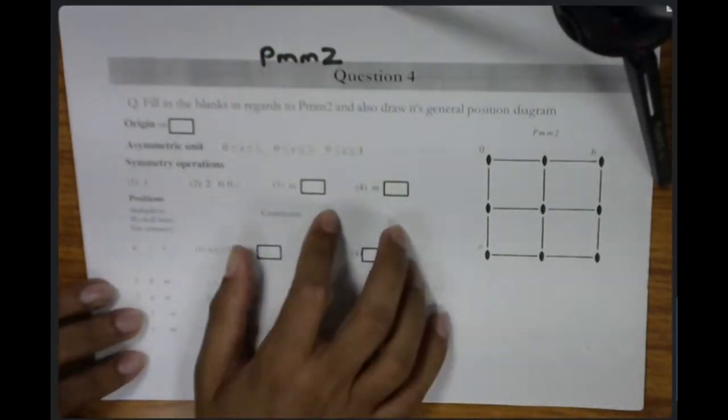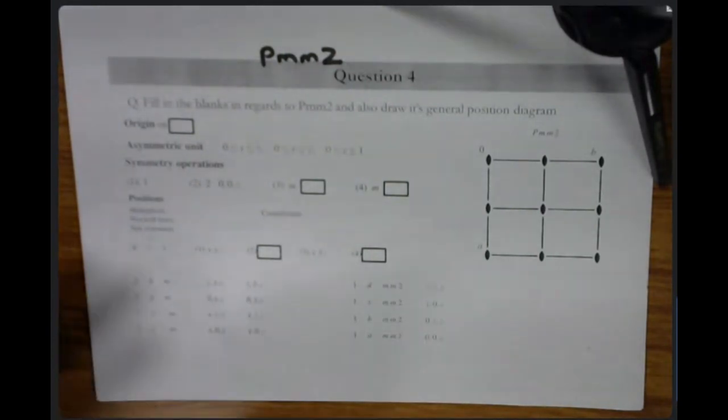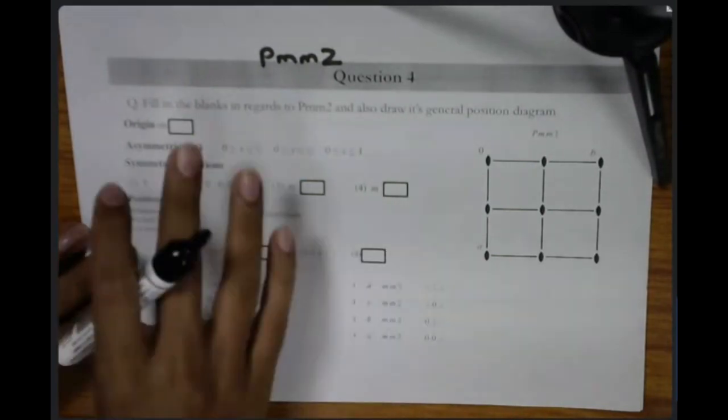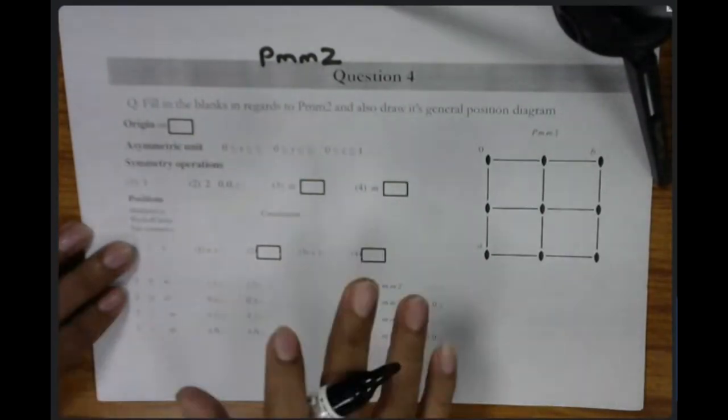Since the things are not visible over here, instead of filling in the blanks, we'll write the entire thing for PMM2. So let's take a blank page, a couple of blank pages, and we'll solve over there.